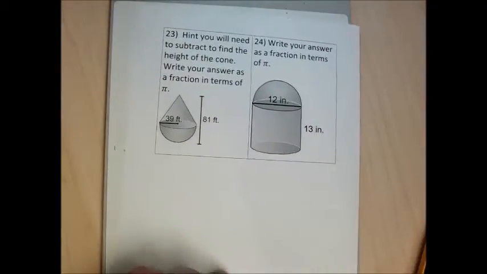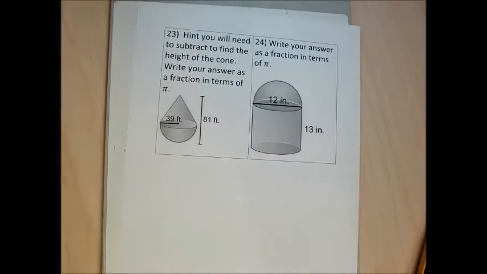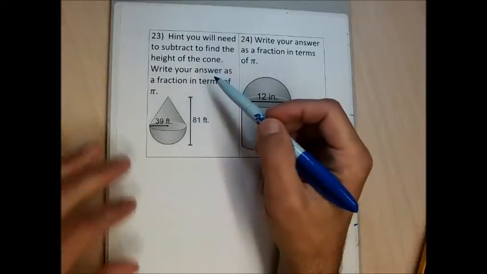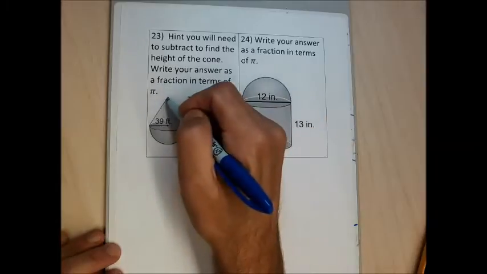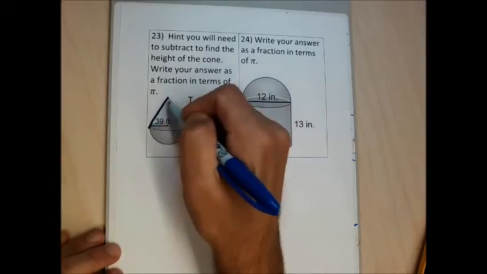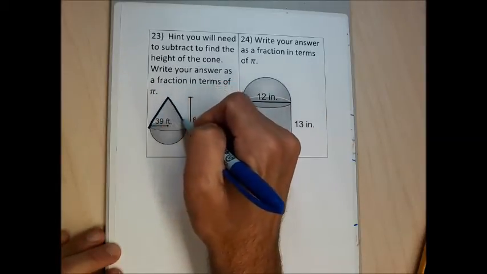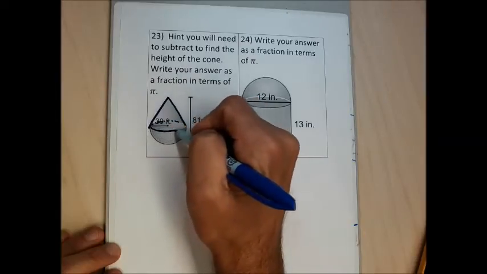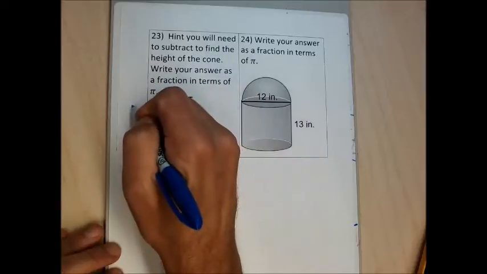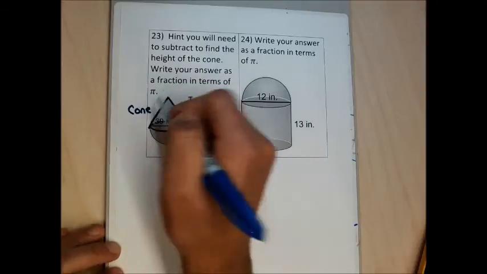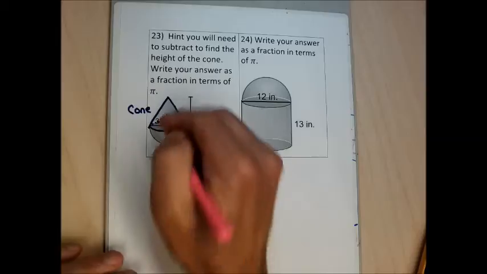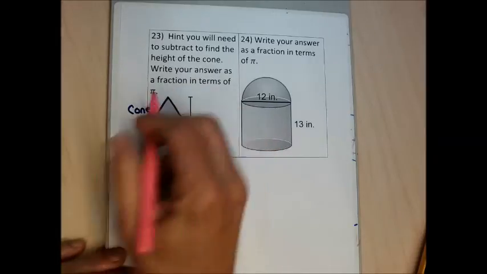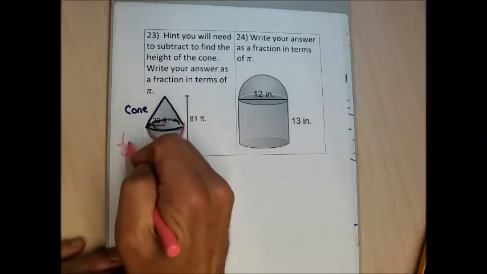Let me do 23 with you, which is a little bit harder than 24. I need to find the volume of this combined shape. We did a combined shape like this already. We have an upside down ice cream cone, and I need to find the volume of a cone and half a soccer ball, or half a sphere.